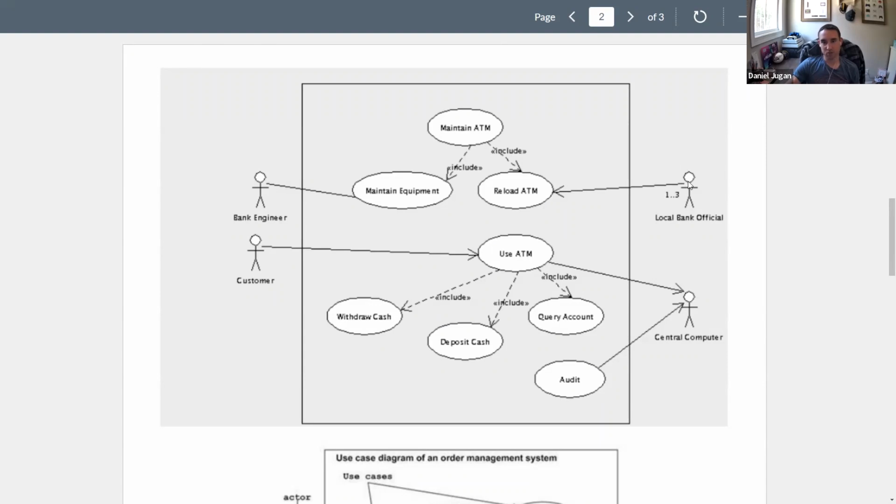And then you have bank officials that can go in and reload the ATM, whereas the engineers are more responsible for fixing it or maintaining it. You have customers that can use an ATM, and ATMs also have to interact with the central computer. And so this shows the relationship in a really complex system.